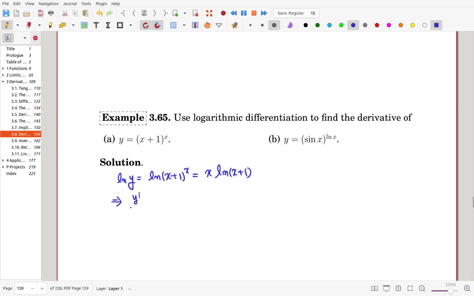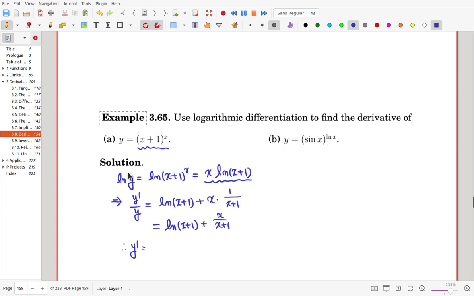Then y prime over y equals, by the product rule, the natural logarithm of x plus 1, plus x times, for f of x, f prime is 1, divided by x plus 1. So you may simplify it like the natural logarithm of x plus 1 plus x over x plus 1. So here we get y prime equals y, and y is now (x plus 1)^x.